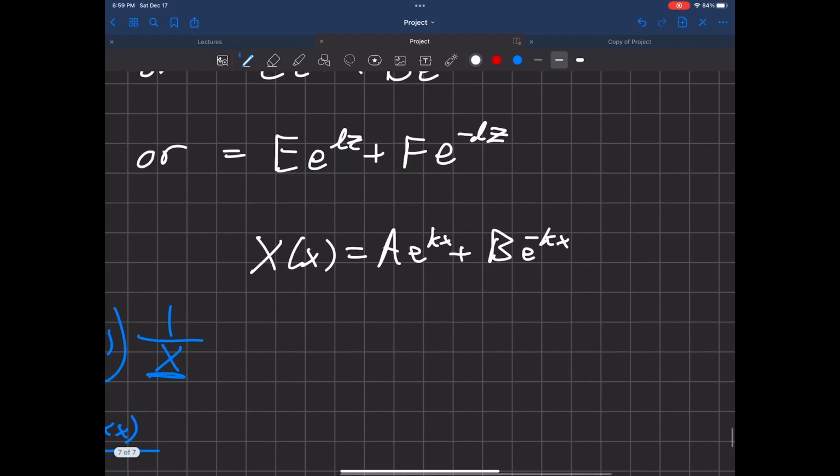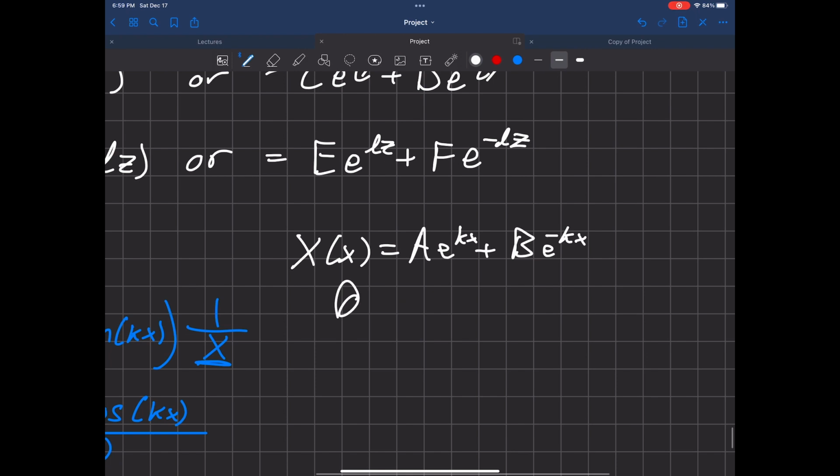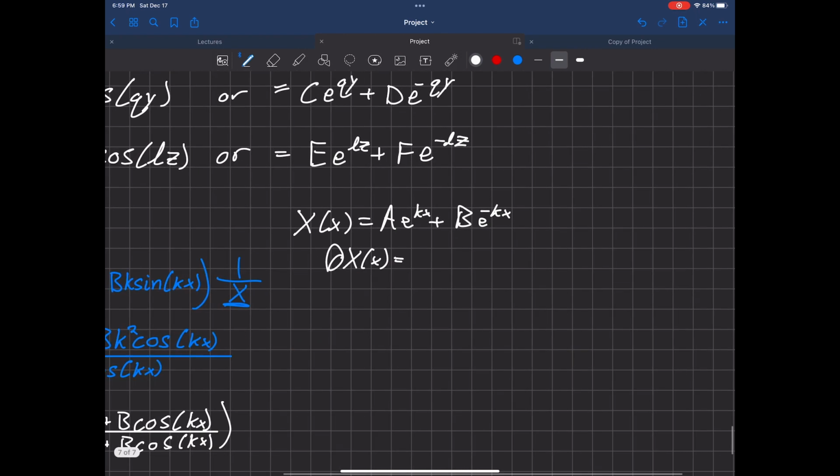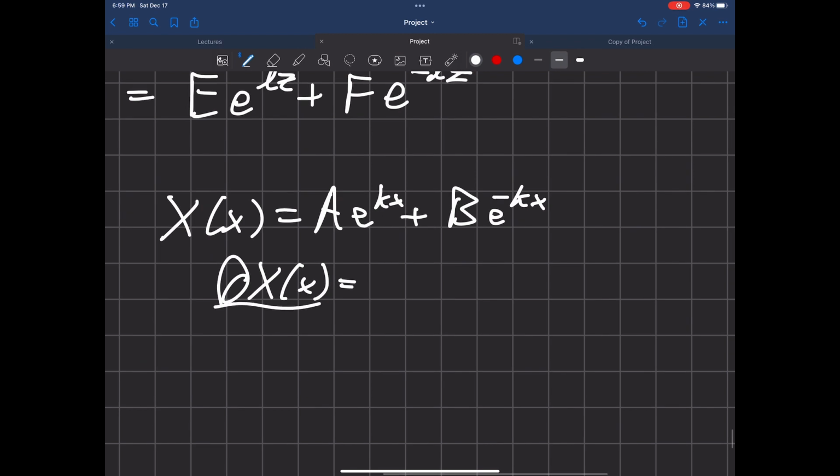Okay. So derivative of X, I'm going to do a little different route than I did here, just to be a little more explicit with respect to x, is equal to, well, this k is going to come out front, so we're going to have a k e to the kx.